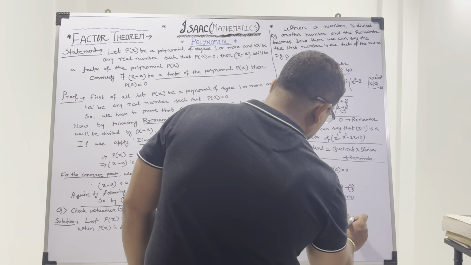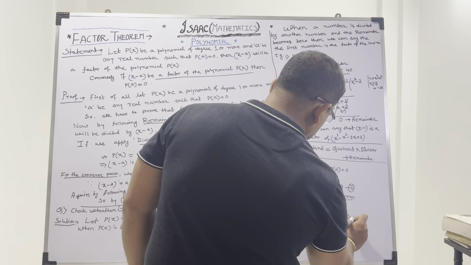That is why when we divide P of x by x minus 1, the remainder is equal to P of 1 by following the remainder theorem. RT is the shortest representation of remainder theorem. Okay, RT represents remainder theorem. So the remainder is P of 1.